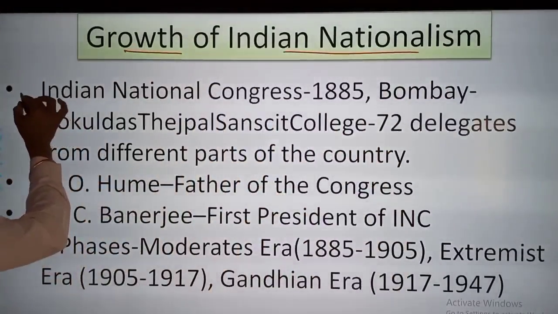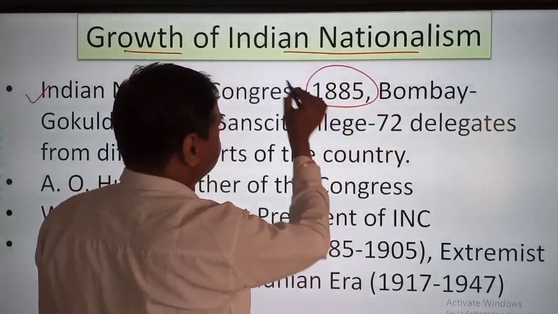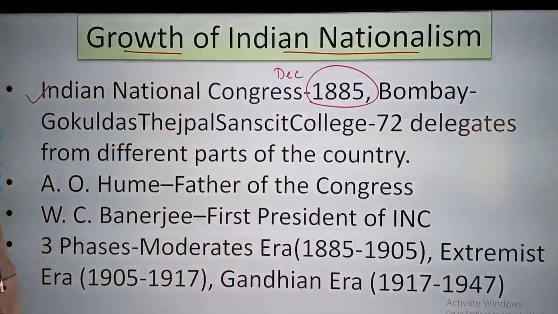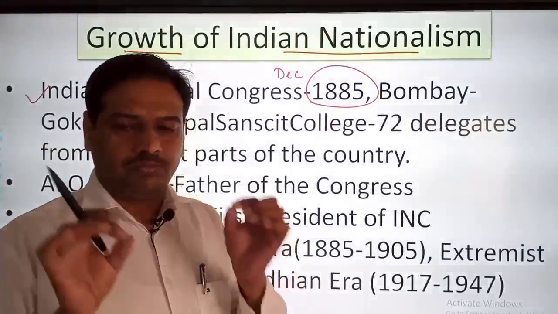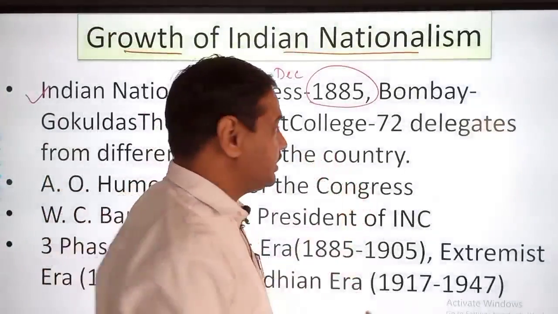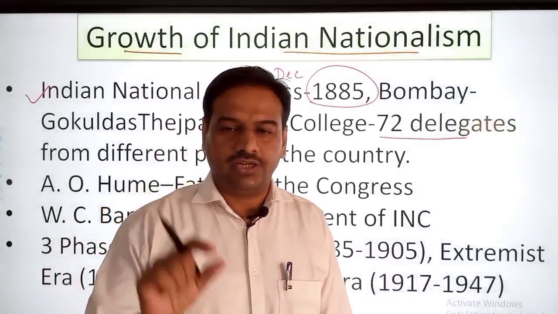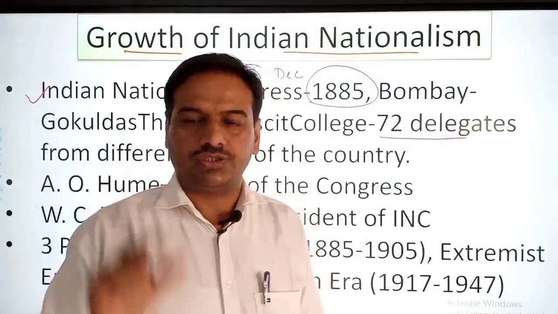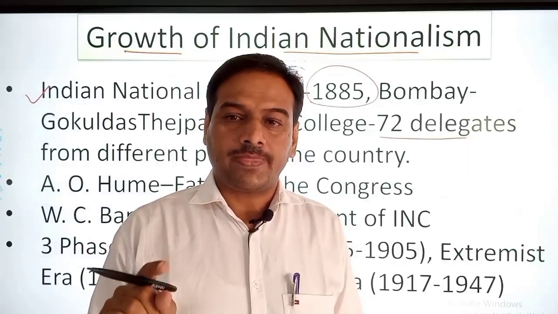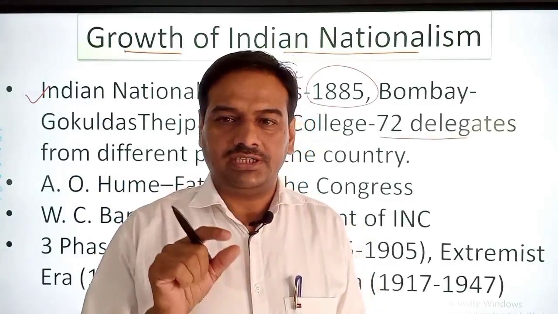The Indian National Congress was founded in December 1885, in the Bombay session, by 72 delegates, and the founder of Congress is known as A.O. Hume, Allen Octavian Hume. He was also an Englishman, but he founded the Congress in India.